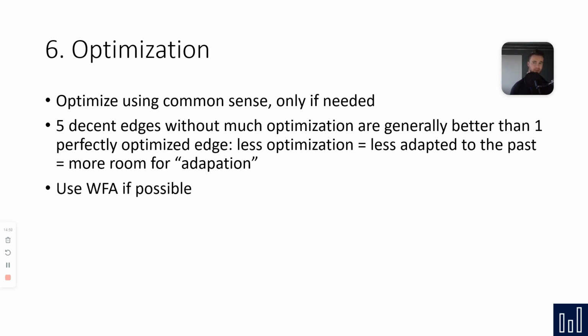Use walk forward analysis if possible. This is a complex way of optimizing a strategy which uses out of sample testing. It's not useful for every strategy, but if you have a strategy that uses indicators where you can tweak the settings, walk forward optimization might be a very good thing to do, because it's a way of optimizing, keeping your strategy up to date with the changing markets, as well as doing robustness testing.